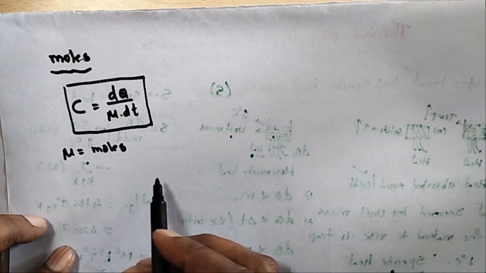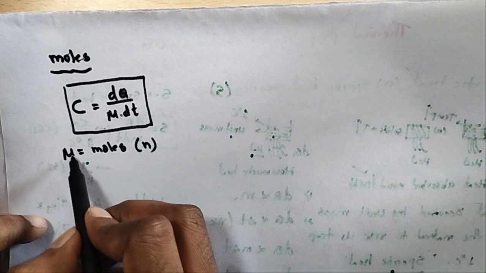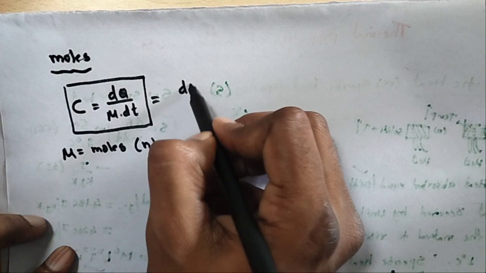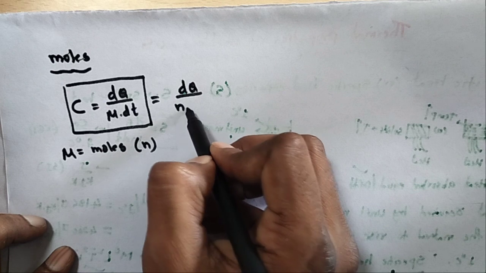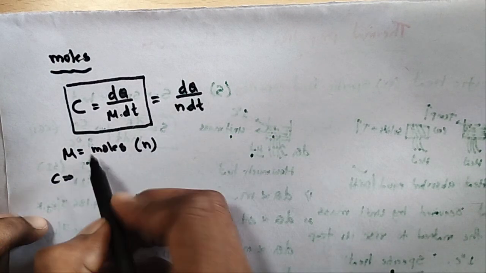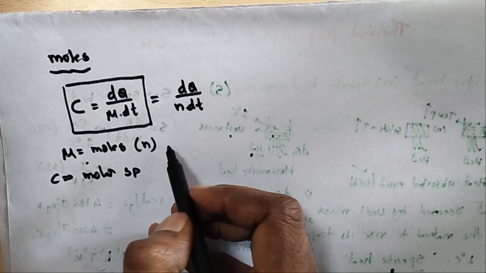Small n is also moles, so suppose I take n moles: C is dq by n into dt. Here C is called the molar specific heat.